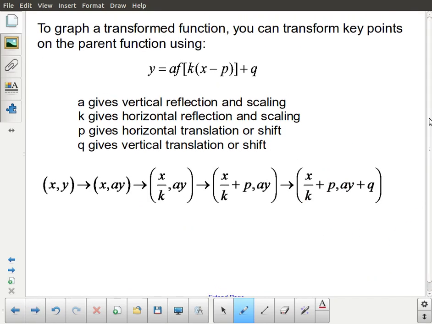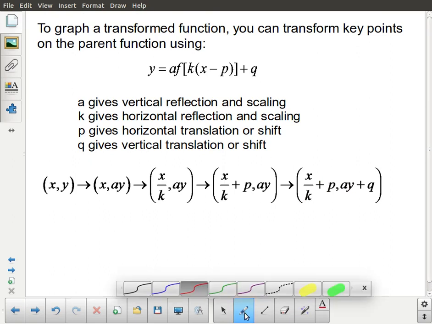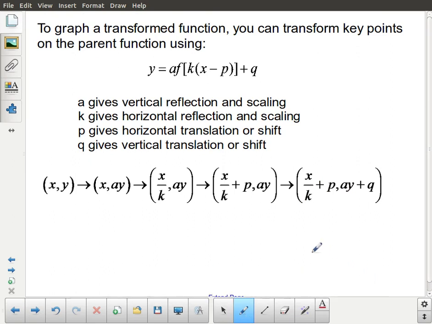Again, hopefully this is a review, hopefully a very familiar review. Some people might need their memories refreshed on this. For any function that's being transformed, if it's written in this standard form, you've got a, k, p, and q. A is a vertical transformation. A will give you a vertical reflection if it's negative, and vertical scaling, so that would be stretch or compression.